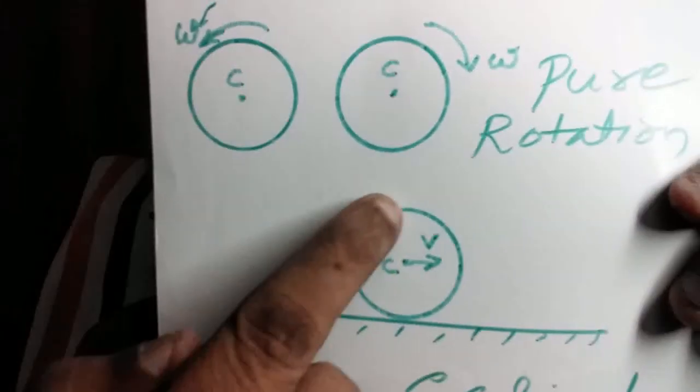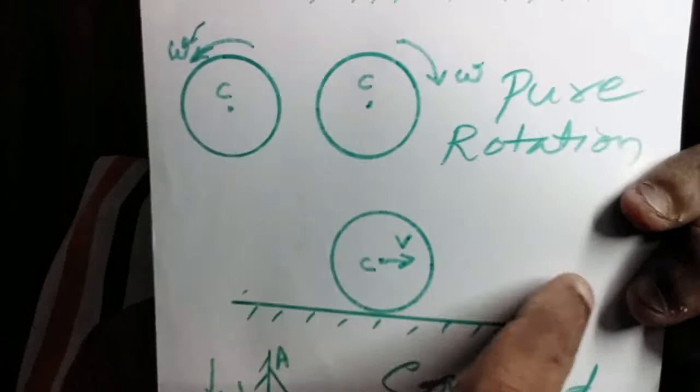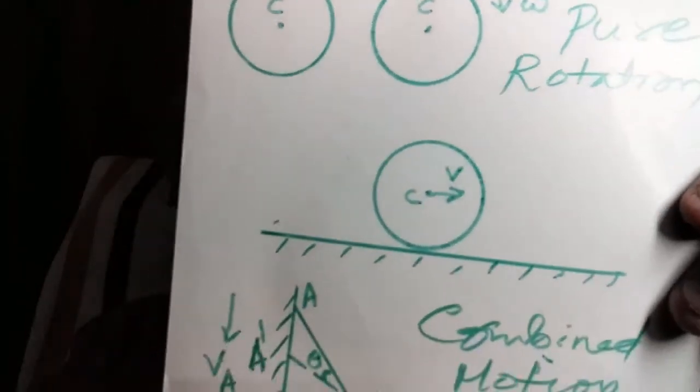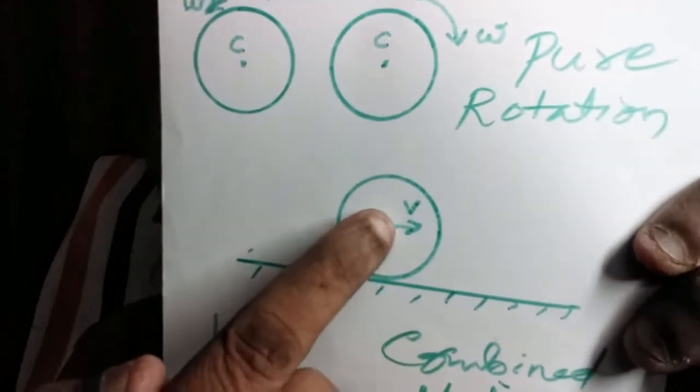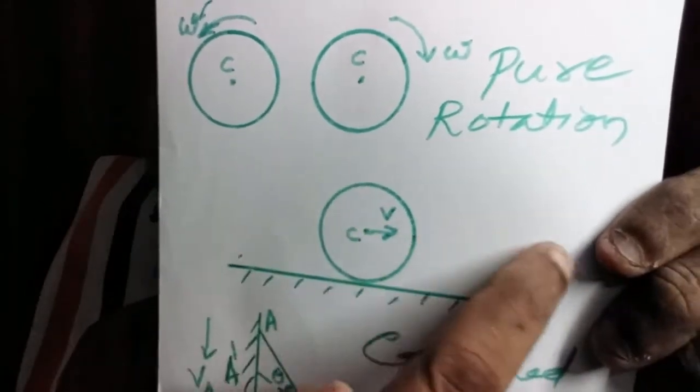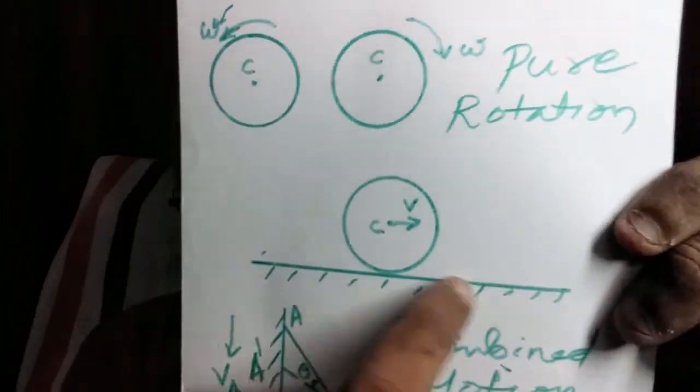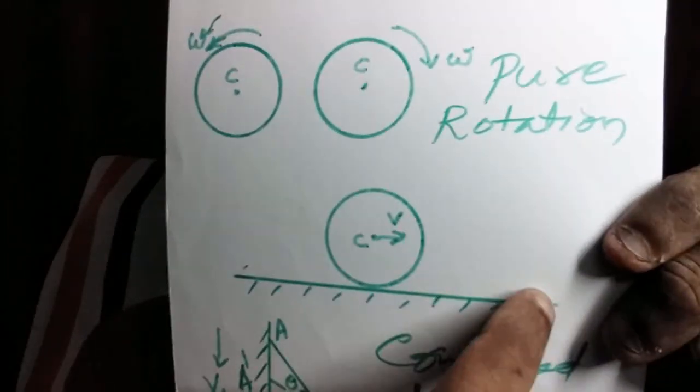This is an example of combined motion. Here a circular disc is rolling on a horizontal plane. Here the center of mass moves along a straight path parallel to the surface. That is pure translation.